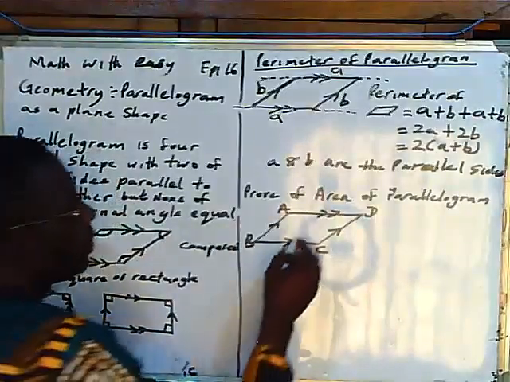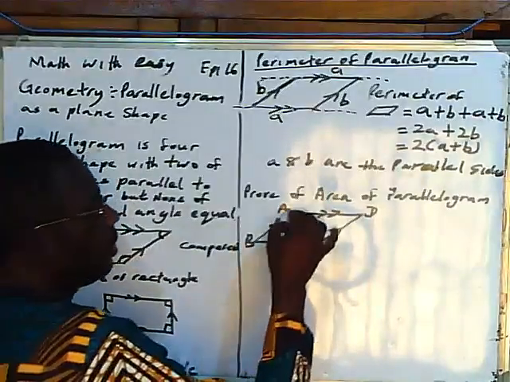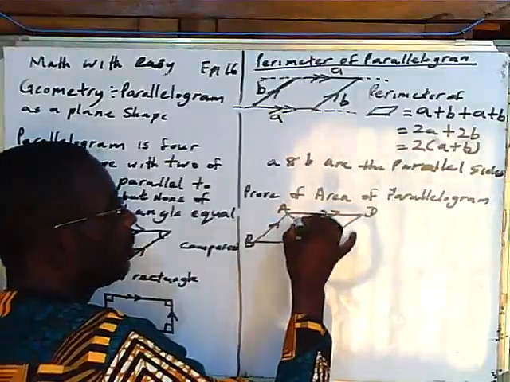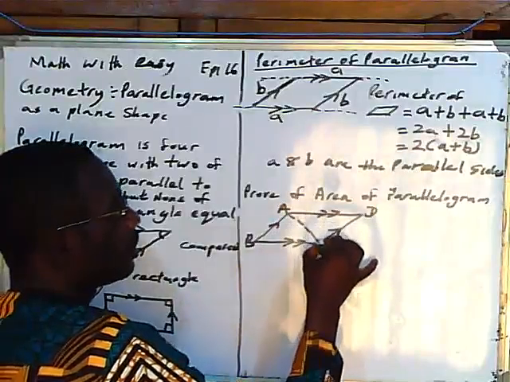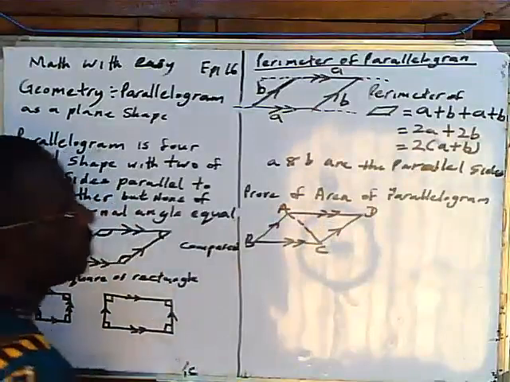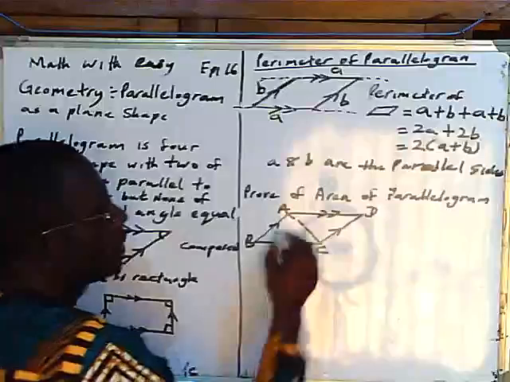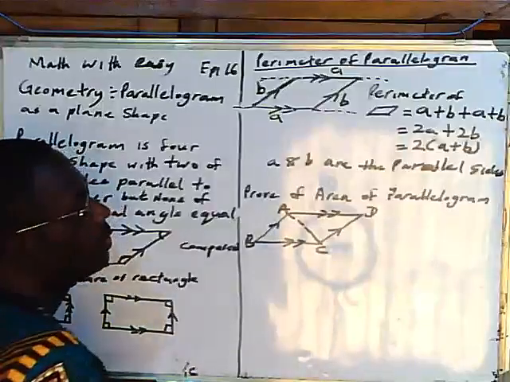Now, if we want to prove, let us construct a line from A to C. If we construct a line from A to C, we discover that it forms two triangles.